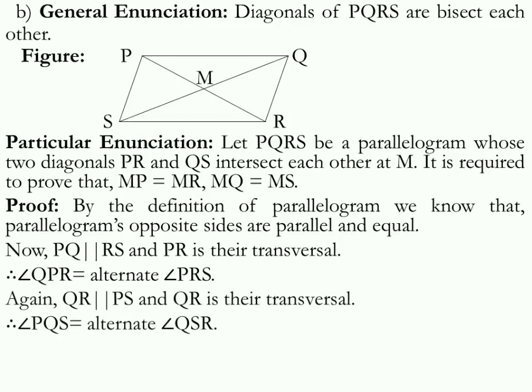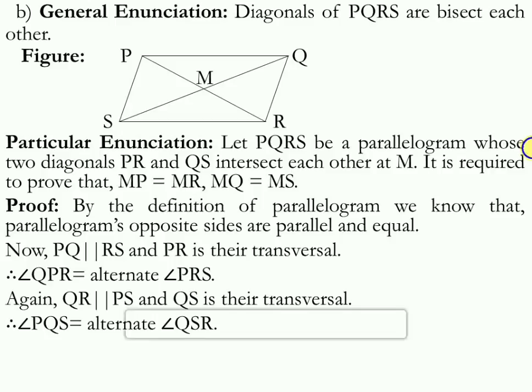Similarly, QR is parallel to PS and QS is their transversal, so we can write angle PQS equals alternate angle QSR.